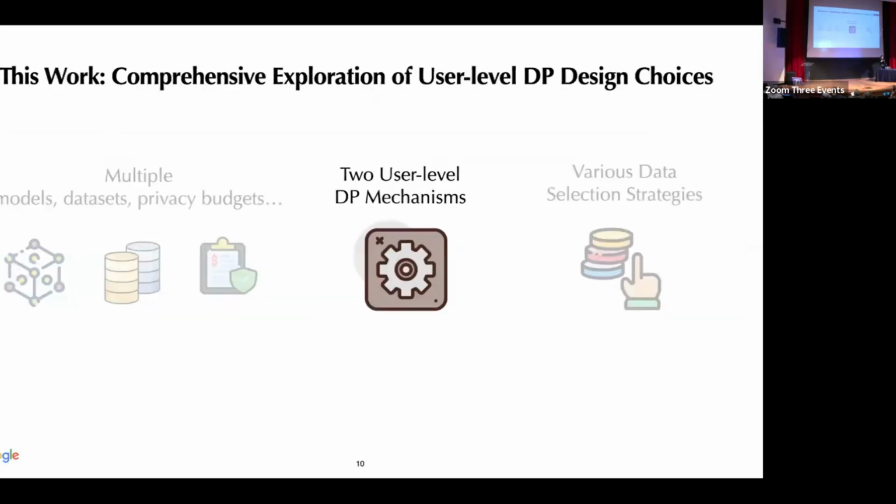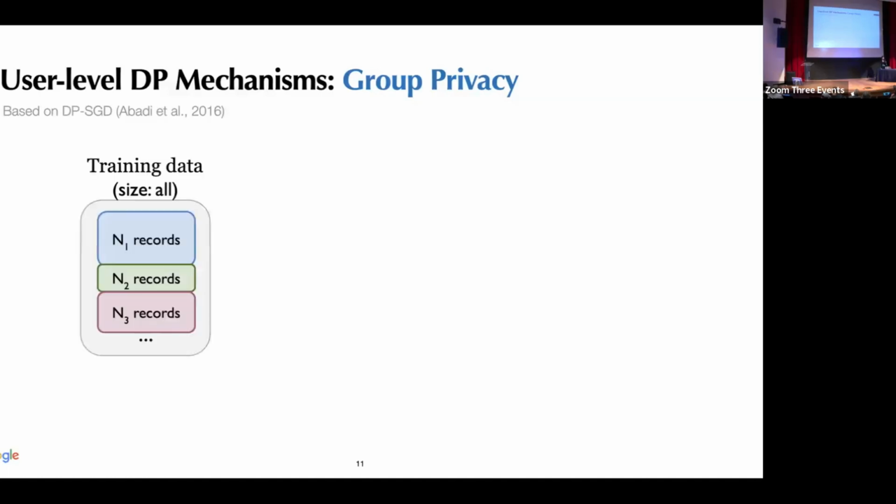Okay, now for the user-level DP mechanisms we're considering here, we're basically trying to plug some DP mechanisms into the DPSGD pipeline, which is the pipeline to train the model using differentially private stochastic gradient descent. The first thing we consider is called group privacy. The idea is actually quite simple.